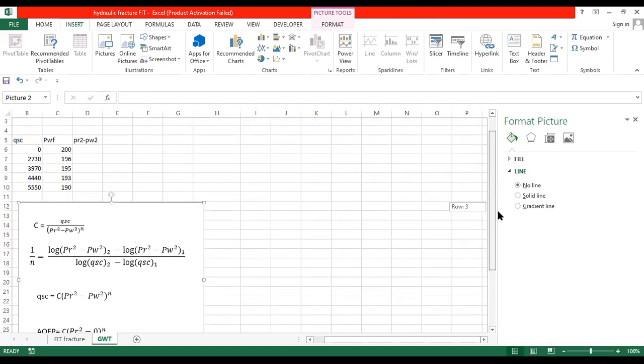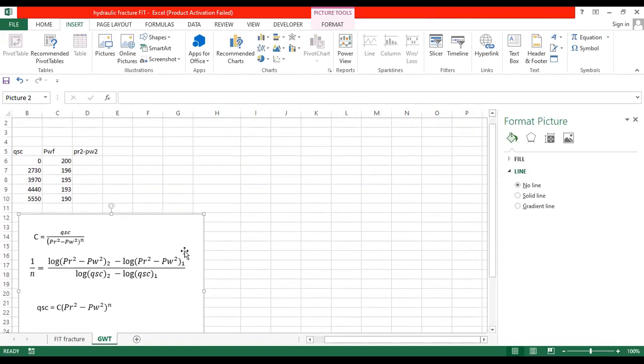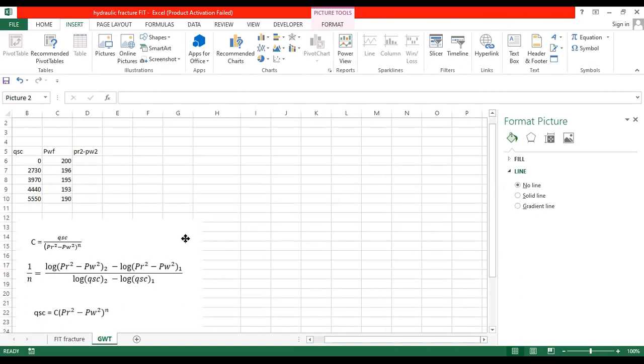For the graphical, we need a graph of PR square minus PWF square versus QSC. We have QSC, we have PWF, and we need to generate PR square minus PWF square. When the value of PWF is equal to 200, QSC is observed to be 0. That means here PR is equal to 200.